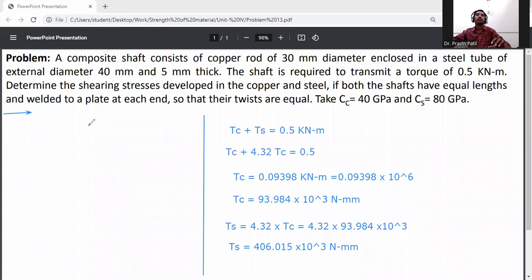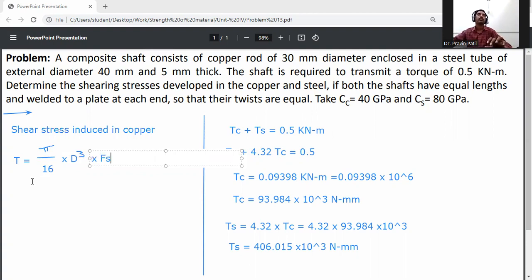So now shear stress induced in copper. We know that T is equal to 5 by 16 into D cube into Fs.